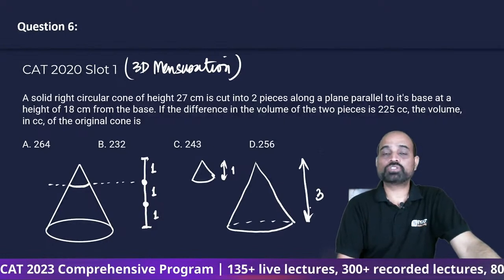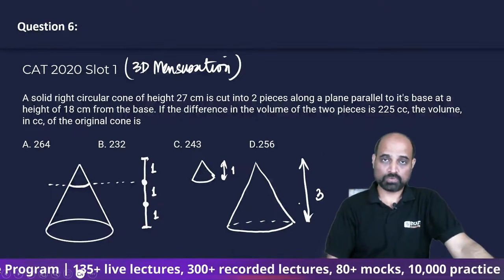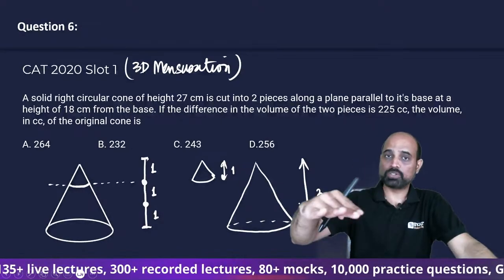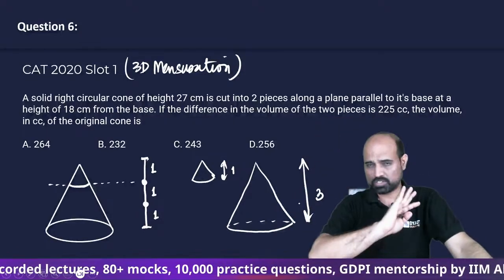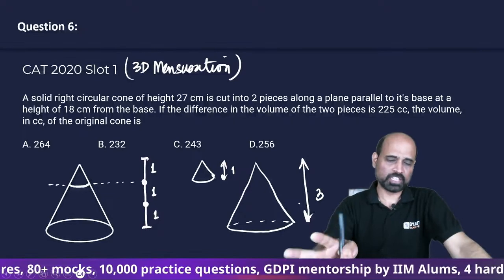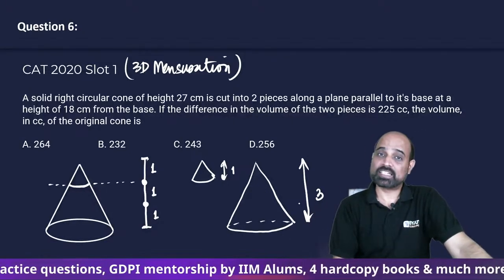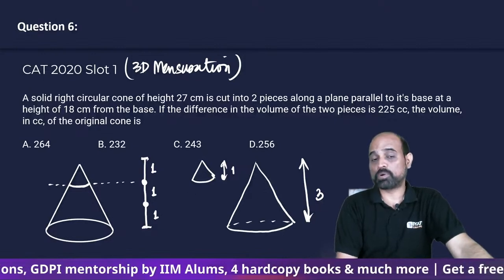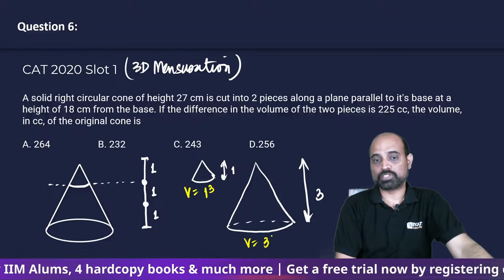And these two cones turn out to be similar. Take any cone in the world and cut it parallel to the base, you will get a small cone and the original cone, and they will always be similar. That has got nothing to do with the frustum here. Ignore the frustum. Now, with the ratio of sides 1:3, the volume of this cone will be 1 cube and the volume of this cone will be 3 cube.